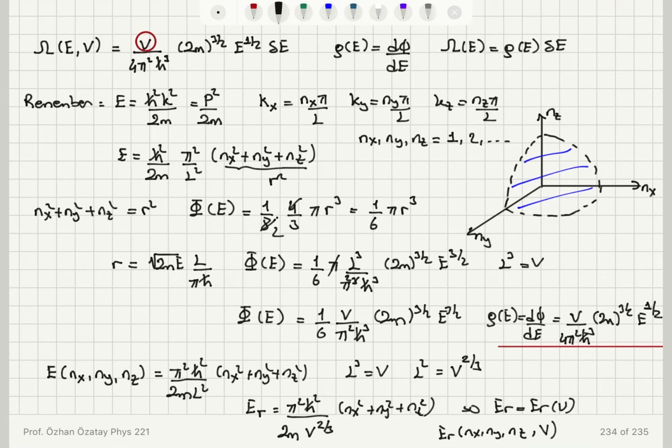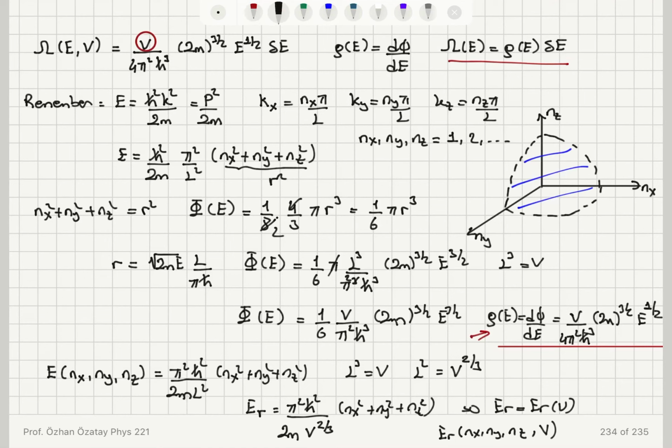And for the quantum treatment of the three-dimensional box, we found that the number of accessible states has an explicit dependence on V when the energy is in the range E to E plus delta E, given by the density of states multiplied by delta E. The density of states we found to be V over 4 pi squared h bar cubed, times 2m to the power 3 over 2, times energy to the power 1/2.